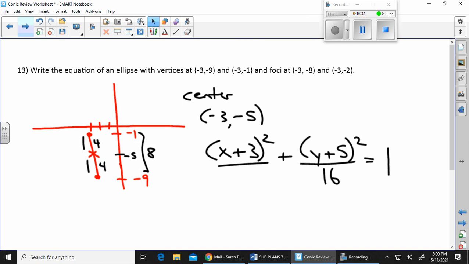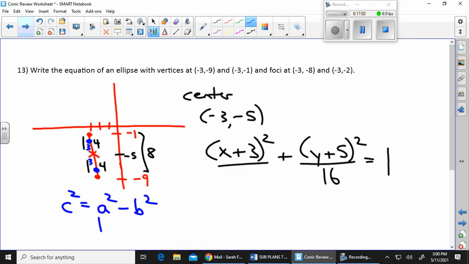But you don't know how much you went left and right, but they tell you that the foci are at -3, -8, and -3, -2, which means you went 3 and 3. So you think c squared is a squared minus b squared. A squared is 16. B squared you don't know, but c squared, c is 3, so that's 9. So 16 minus what gives you 9? 7. I mean, that is definitely the hardest question.